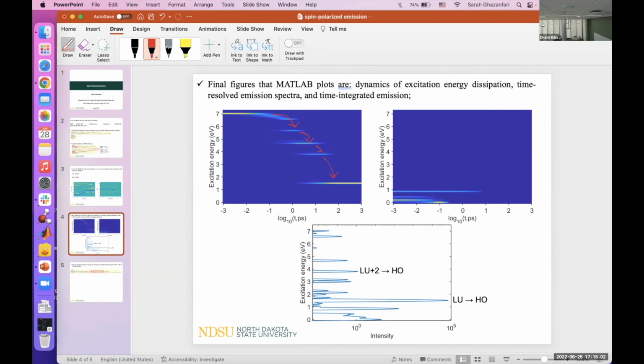So the HOMO-LUMO transition between valence and conduction band seems to have the lowest transition energy, right? Yes, agree.